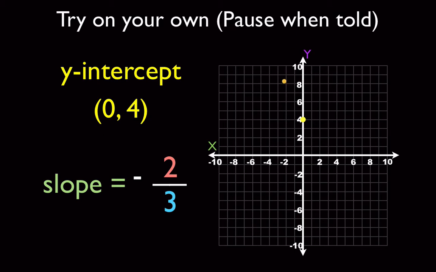Okay, up 2 and left 3 because it's negative. Double check that your line is downhill, which it is. If it's incorrect, fix it. And then pause it while you do the speed graphing. Hit play when you're done to double check your final answer. Okay, speed graphing should look like this. And a line's drawn through it.